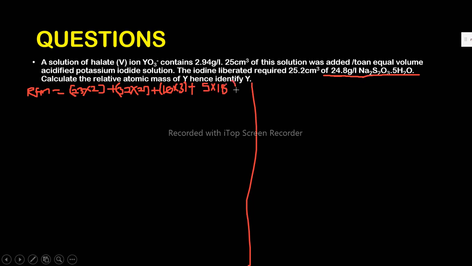Innocent, what is the answer? So you have the RFM. Don't put grams because it's relative. Relative means ratio. Now after getting the RFM, then you find moles in 100.